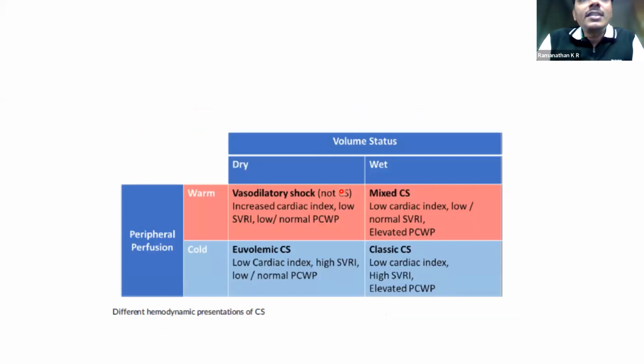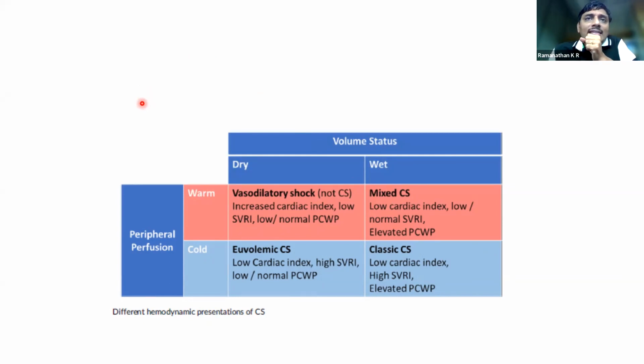The most intriguing thing, or the most difficult aspect that is very challenging to the bedside clinician in a patient who presents in shock state, is the identification of what shock it is. Now, of course, our patient here had classic signs and symptoms of cardiogenic shock. So you would think that this patient has a predominant cardiogenic shock.